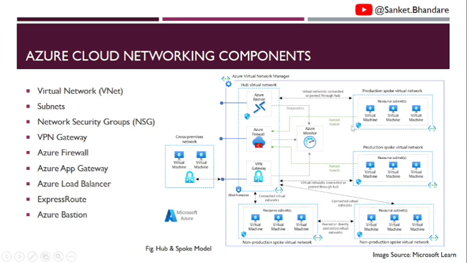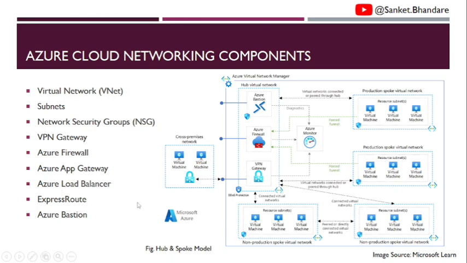So this particular organization has production spoke where different subnets are created to spin up virtual machines for different departments. So here you can see two production spoke networks, and two non-prod spoke networks. And all these subnets are paired through VNet peering.